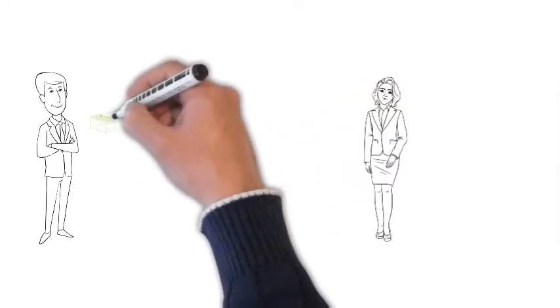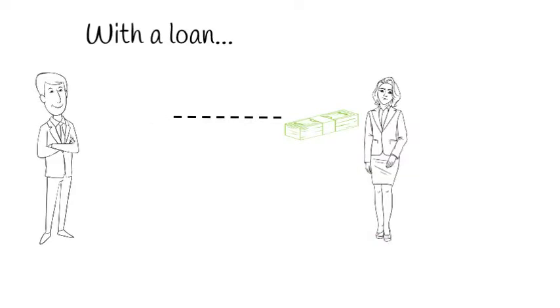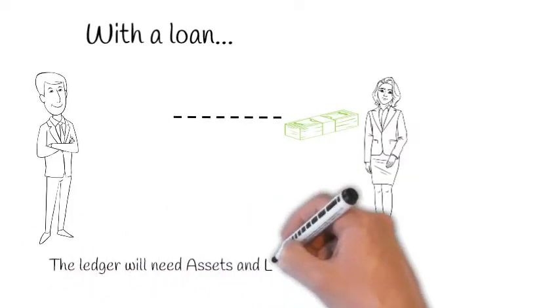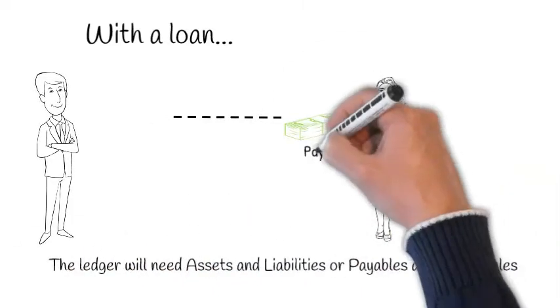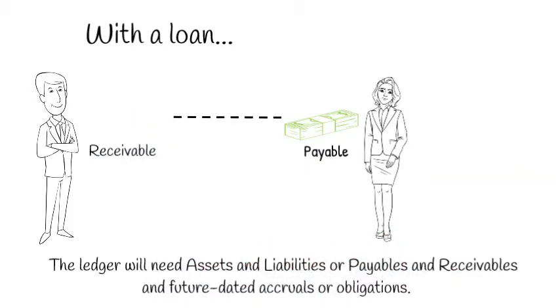With respect to lending on a network, a loan would require the reflection of assets and liabilities, or payables and receivables. And the ledger would also have to reflect future dated accruals or obligations.